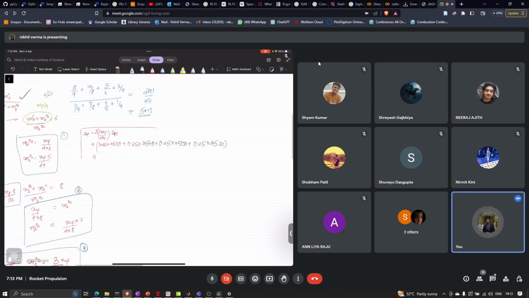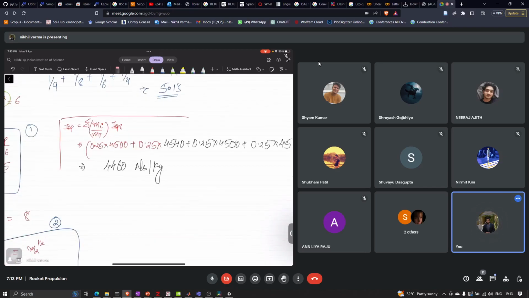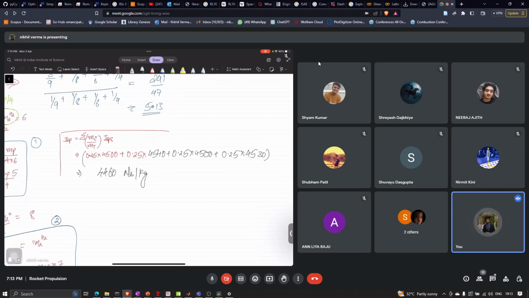If you calculate this, you will get the value as 4460 Newton second per kg. I hope this is clear to all.